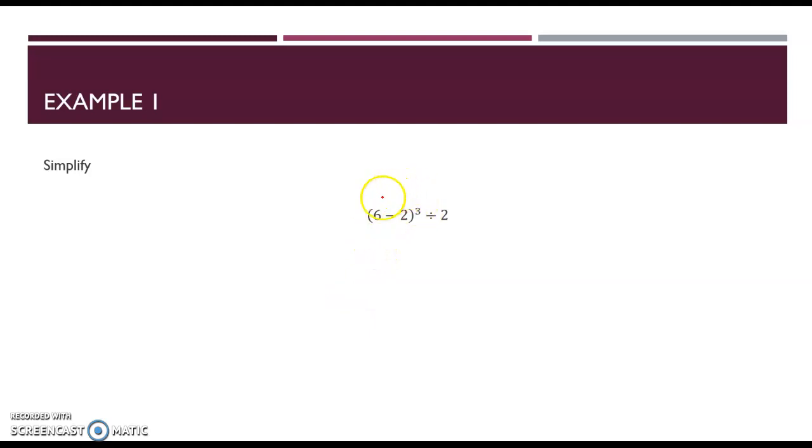Ours is just 6 minus 2, so there's no other operations but to subtract. So 6 minus 2 is 4. I tend to, for the first time, keep them in the parentheses, and then later on I take them out. So here we have 4 cubed, so that is 4 times 4 times 4, which is 64. So I have equals 64 divided by 2.